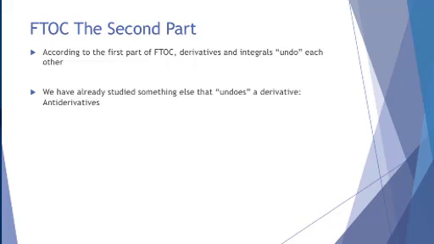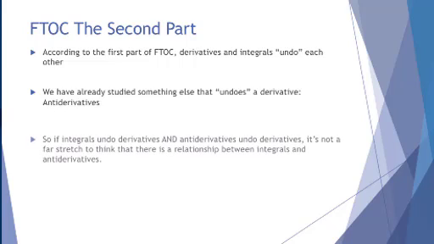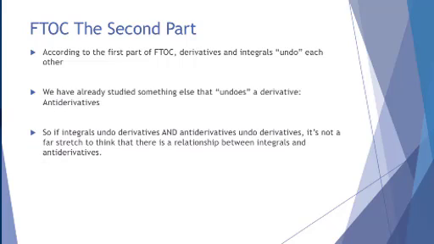We know something else that undoes a derivative, and that's antiderivatives. So the idea is if integrals undo derivatives, and antiderivatives undo derivatives, it's not that far a stretch to think that integrals and antiderivatives must be related. They both undo derivatives. So that's exactly what the second part of FTOC is going to talk about.